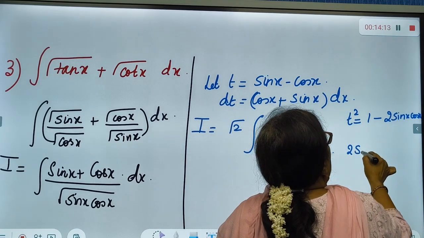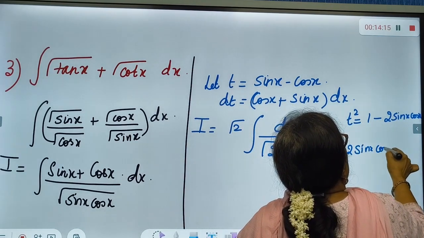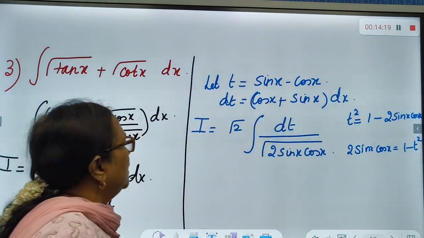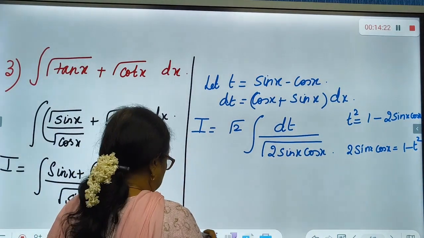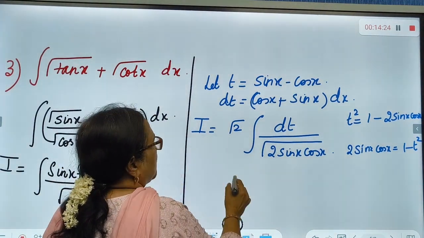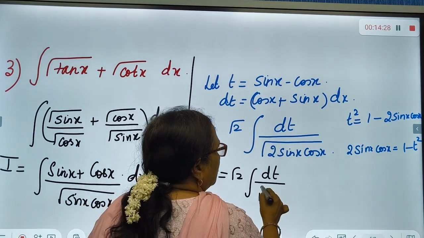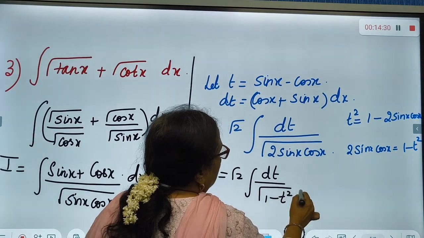So 2 sin x cos x is 1 minus t square. So this will be root 2 into integral of dt by root of 1 minus t square.